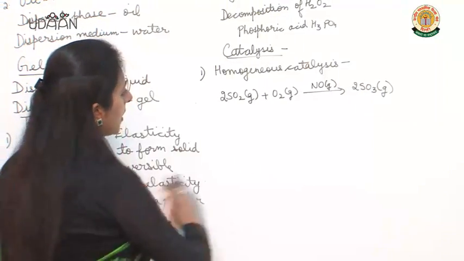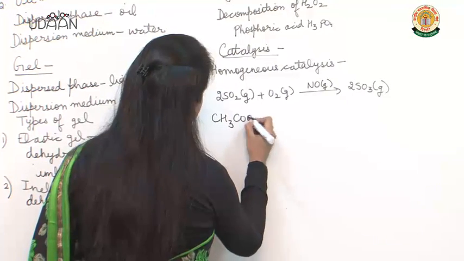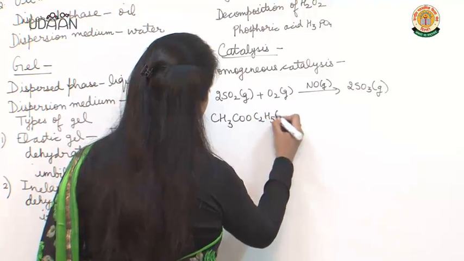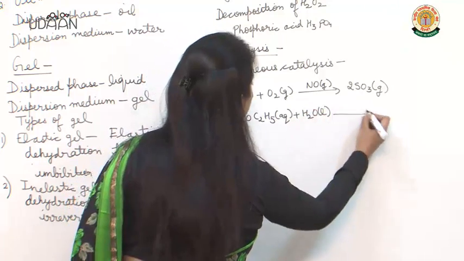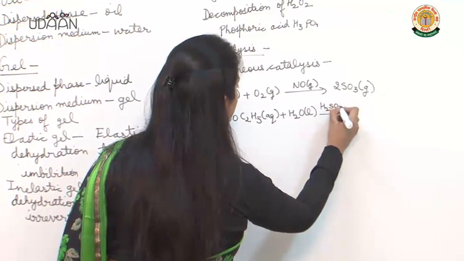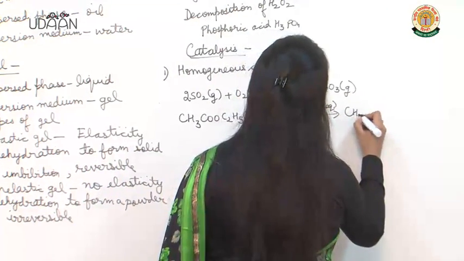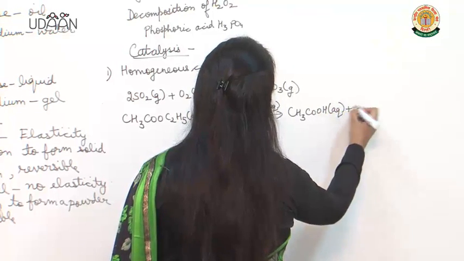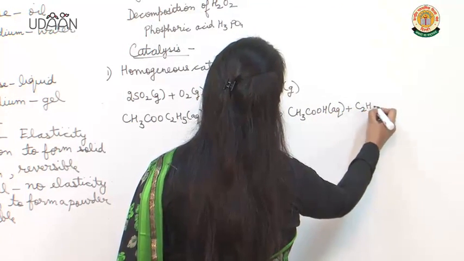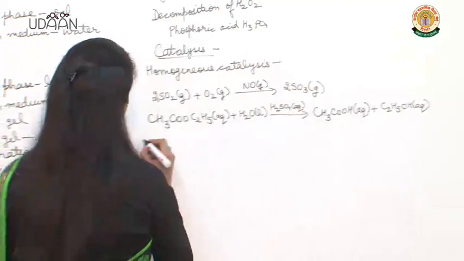Or when we talk about the hydrolysis of ester, we take aqueous H2SO4. So here reactants, products, catalysts, they are all present in the same phase. So this is an example of homogeneous catalysis.